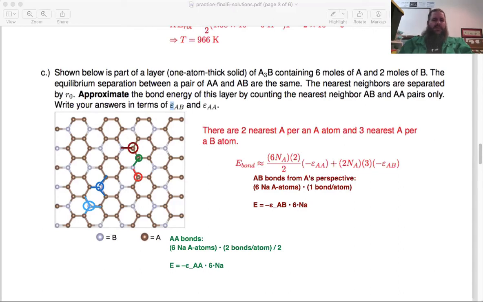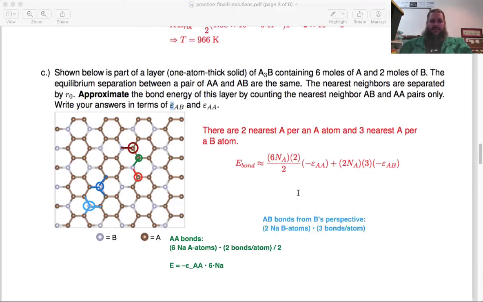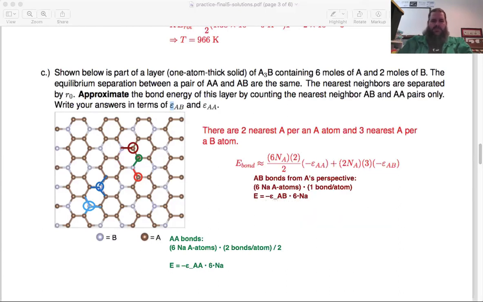And we weren't double counting here, so we don't need to divide by 2. So multiply that out. We also need the negative epsilon AB as the energy per bond, times 2 Na times 3, which is 6 times Avogadro's number. So we still get the same number of bonds regardless of which way we write it.